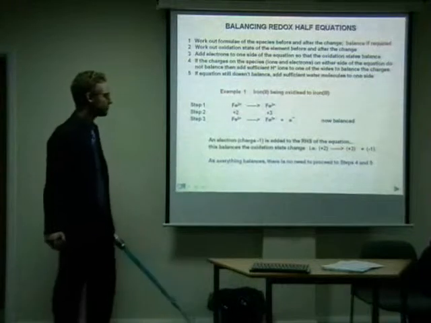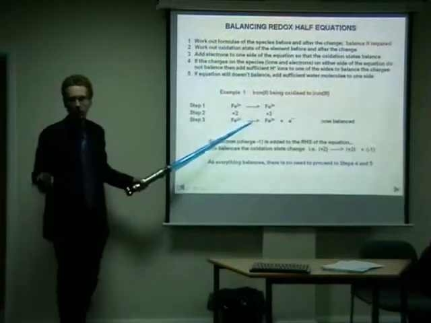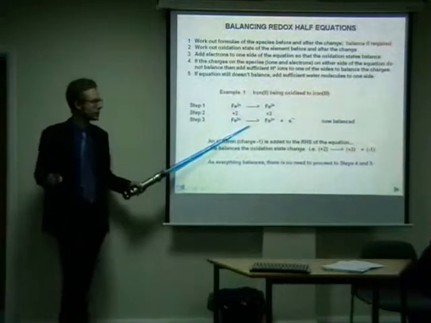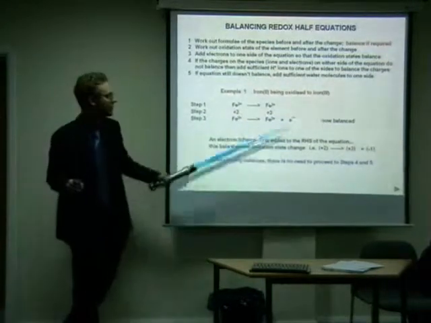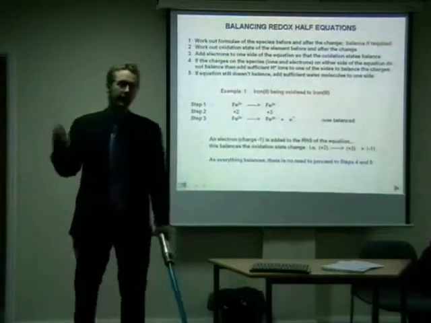Okay. So, that is now a balanced equation, and this is called a half equation. Okay, a half equation, and the reason it's called a half equation is this can never happen on its own. If this is losing electrons, something else needs to be gaining electrons.